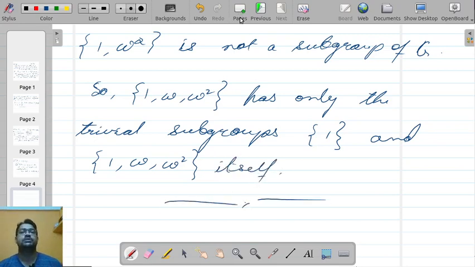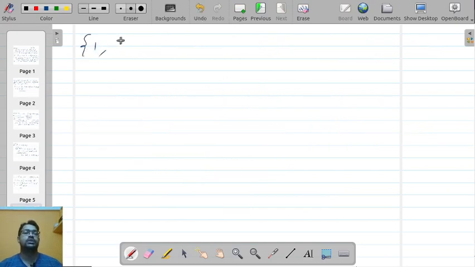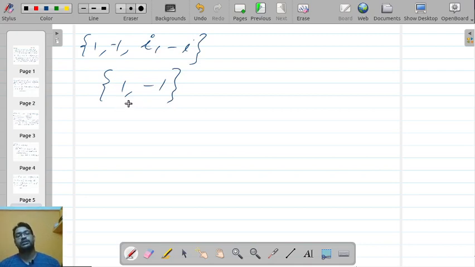Then we had seen some examples of this one, {1, -1, i, -i}. For this we had seen that {1, -1} is a subgroup. It satisfies the closure property, inverse, everything. So this set has a proper subgroup.